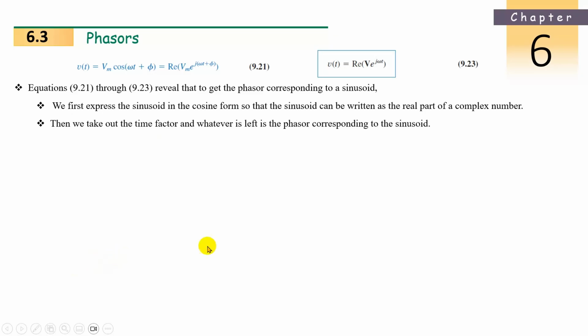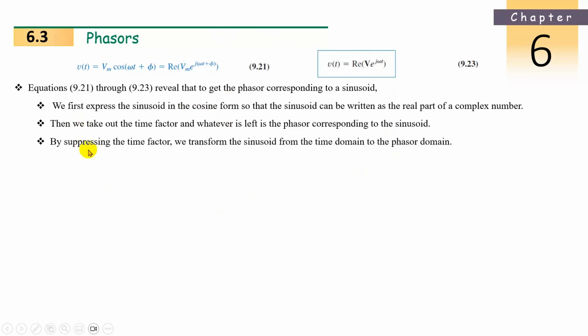That is a constant factor. Whatever is left is the phasor corresponding to the sinusoid. The time factor is e power of j omega t, which we separated. Remaining all is V, which is a phasor quantity, that is Vm e power of j phi. By suppressing the time factor, we transform the sinusoid from the time domain to the phasor domain.